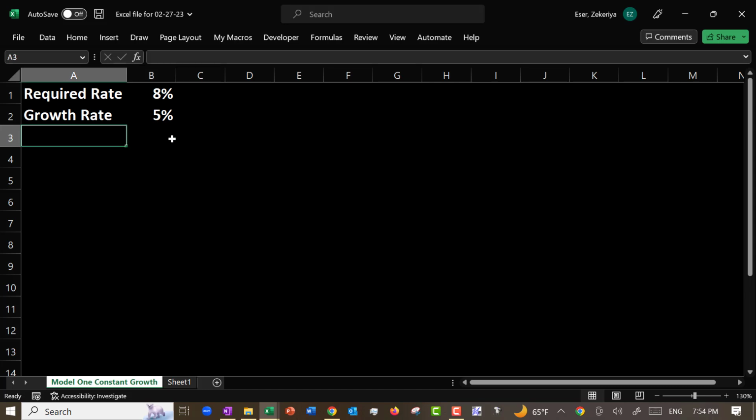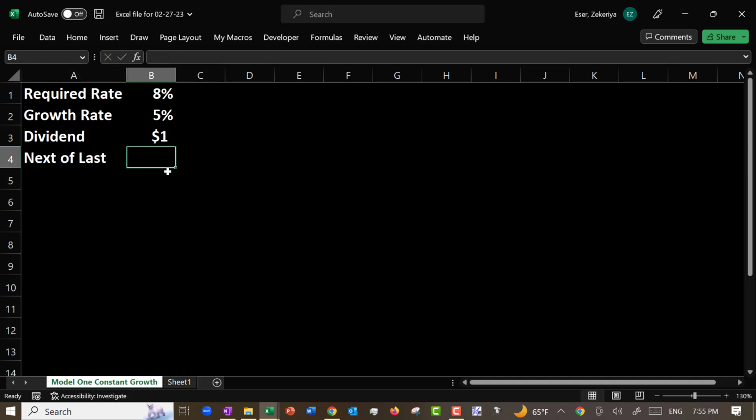So here's what we're going to do. I'm going to call it next dividend. I'm going to have this as a purple number, intermediate.